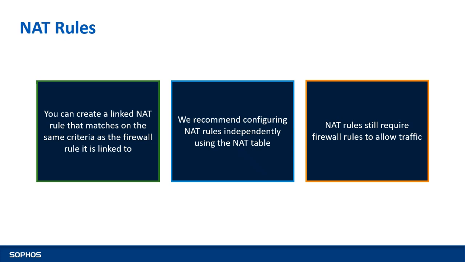NAT rules still require a firewall rule to allow the traffic. You typically need fewer NAT rules than firewall rules, so creating them separately allows you to simplify your configuration. In simple environments, you may only need a single general outbound masquerading rule instead of configuring it individually in each firewall rule.